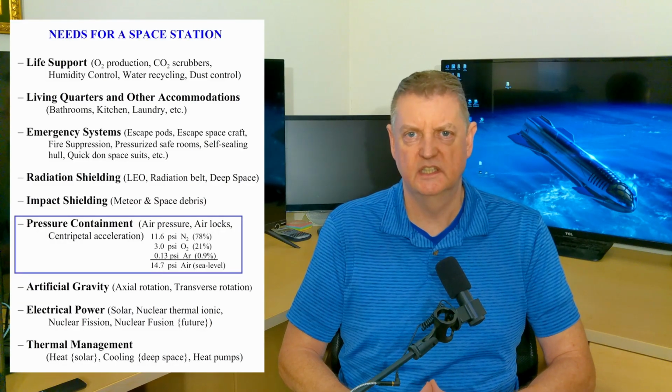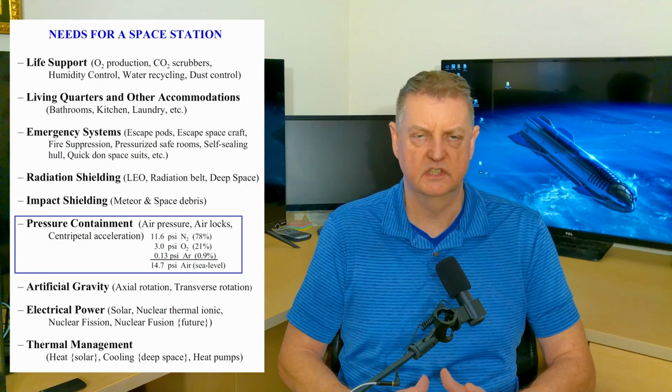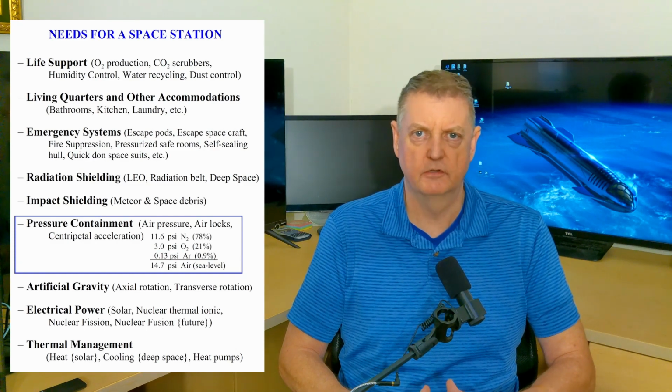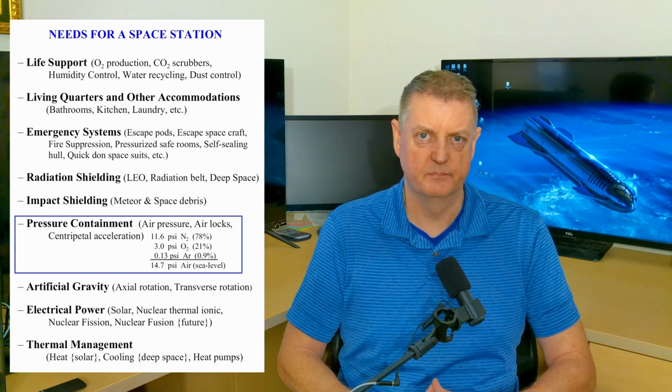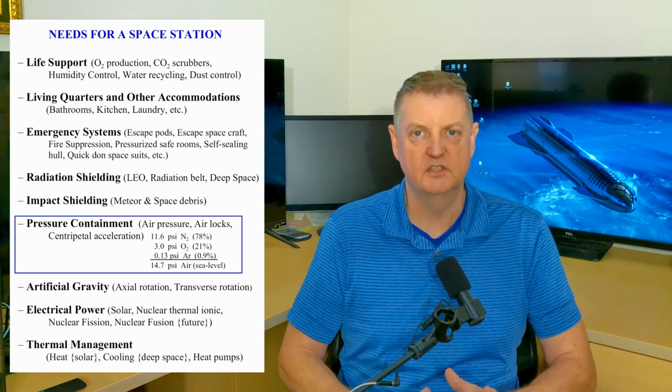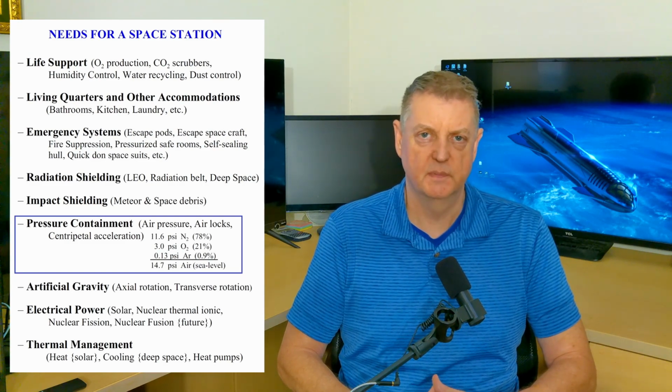And surprisingly, the air pressure is a significant portion of the stress on the outer hull, and is often more than the stresses caused by the rotation of the mass of the space station.